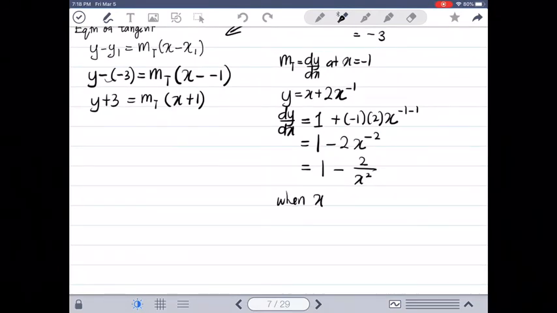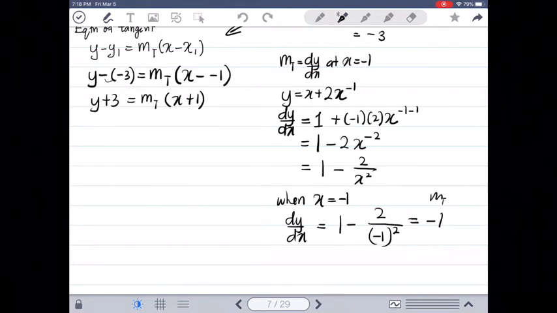When x equals negative 1, dy over dx equals 1 minus 2 over negative 1 squared. Press your calculator, and you will get negative 1. So our mt is equal to negative 1.